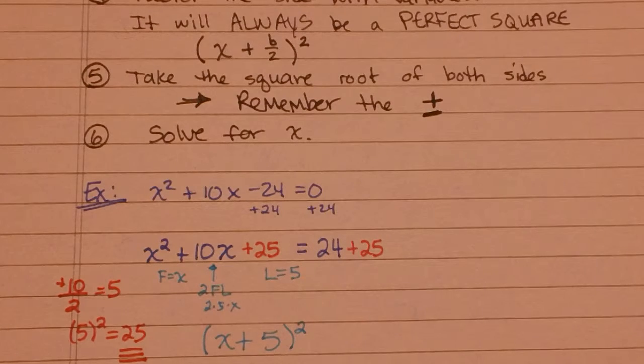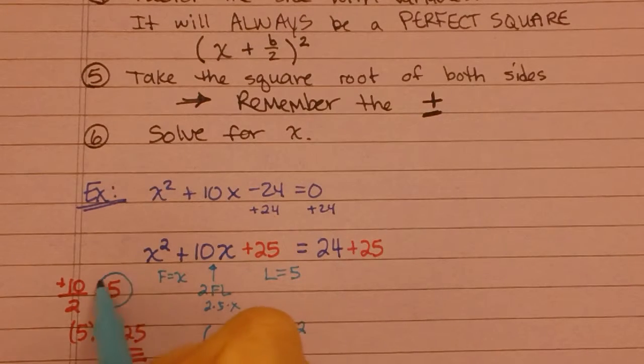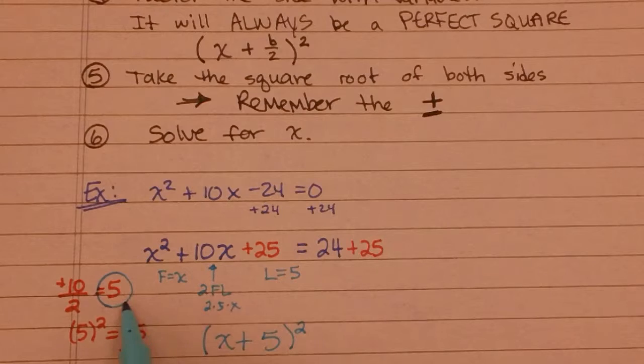Here's an important thing to notice. See this half of b number? That is what we can use to factor this very quickly. It will always be x plus b over 2. If b over 2 is negative, it will be x minus that number. We have x plus 5 squared equals, go ahead and do 24 plus 25.